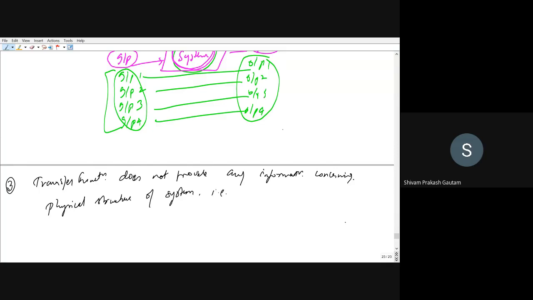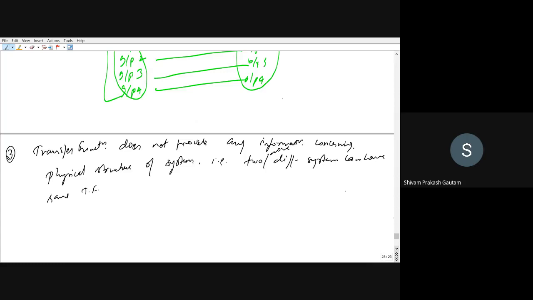That is, two or more different systems can have the same transfer function. So what does this property mean?